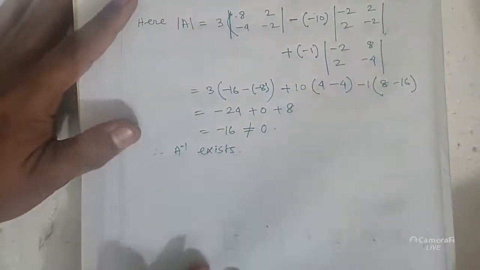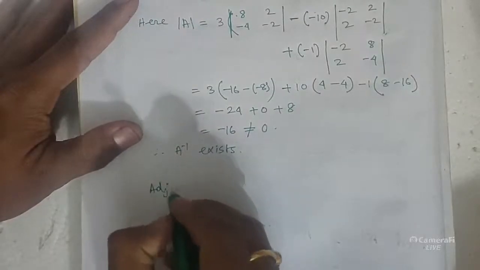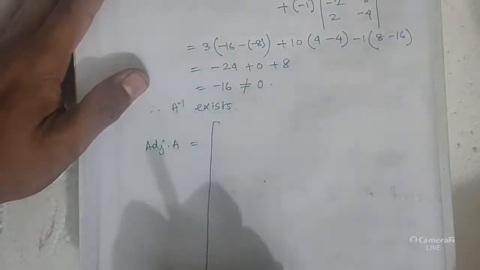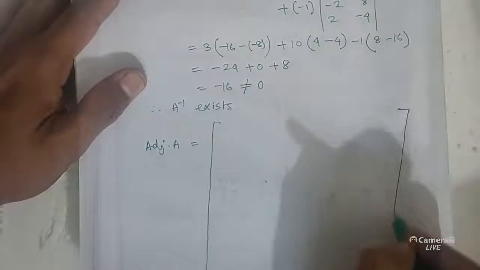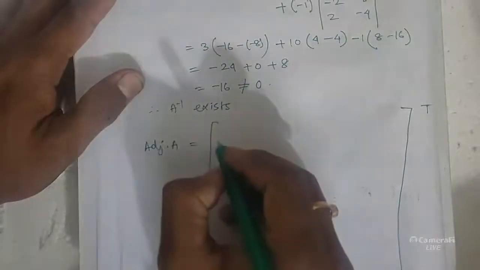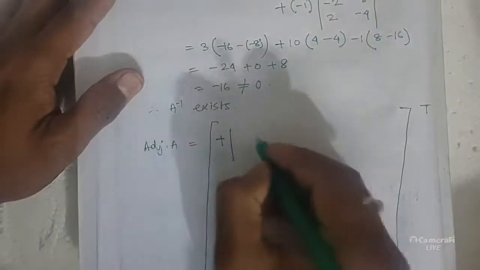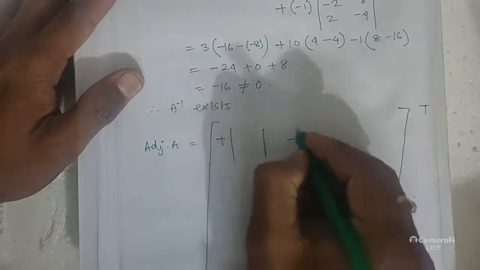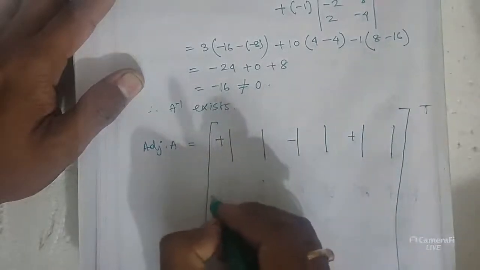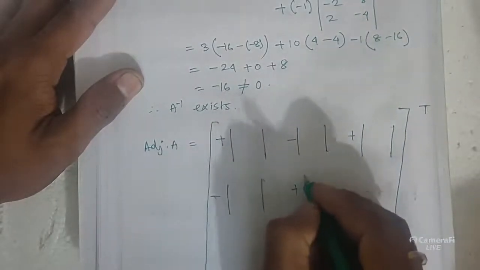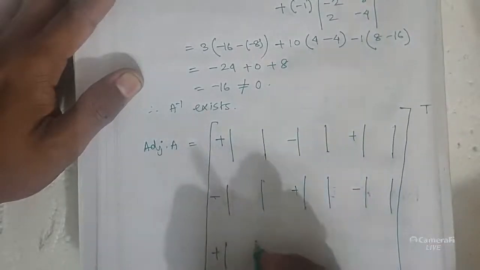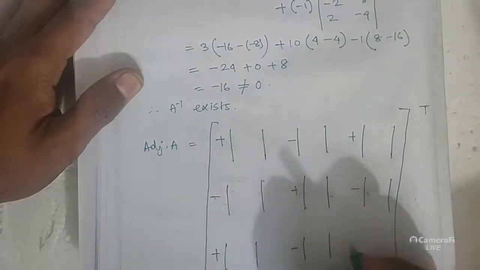Now we have to find adjoint A. So adjoint A is equal to, now see here, the total thing I am writing under this large matrix, transpose. First plus sign, then minus sign, then plus sign, then minus sign, again plus, minus, plus, minus, plus.